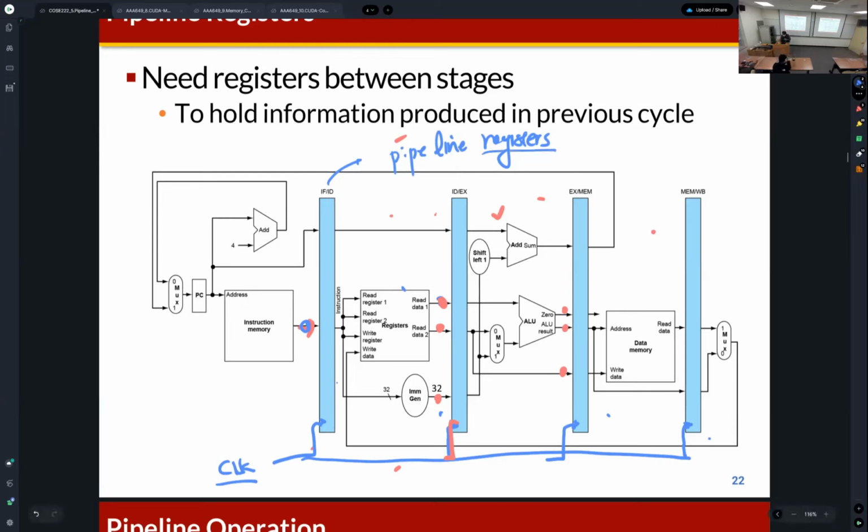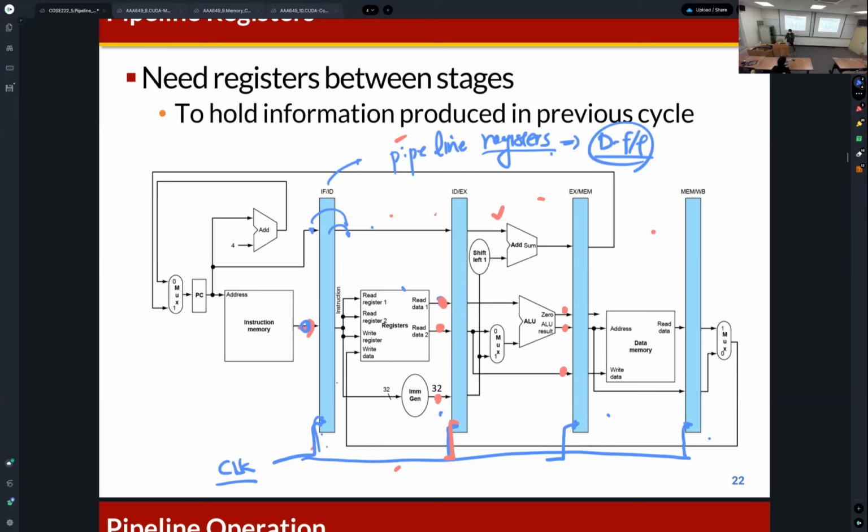Actually these registers are D flip-flops, but the output signals are temporarily stored, and then at the rising edge of the clock, these signals are updated for the next stage. So that's why these flip-flops are called registers. But you need to remember that these registers are different from the general purpose registers of RISC-V.